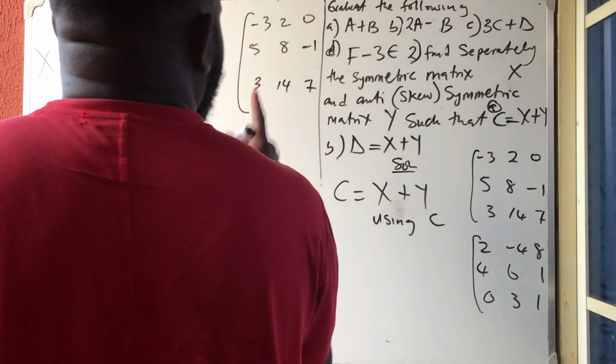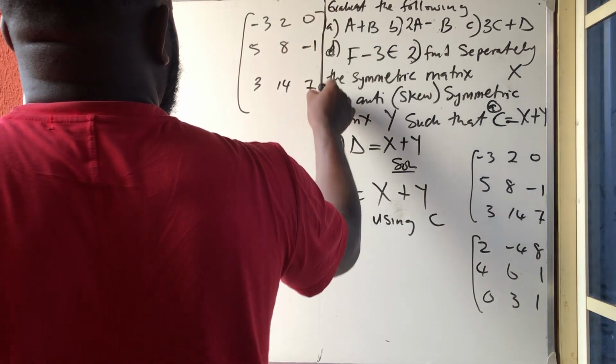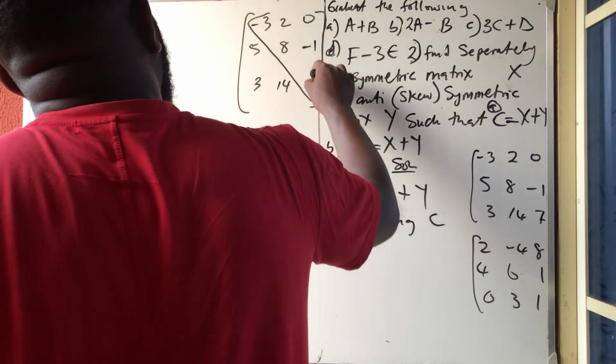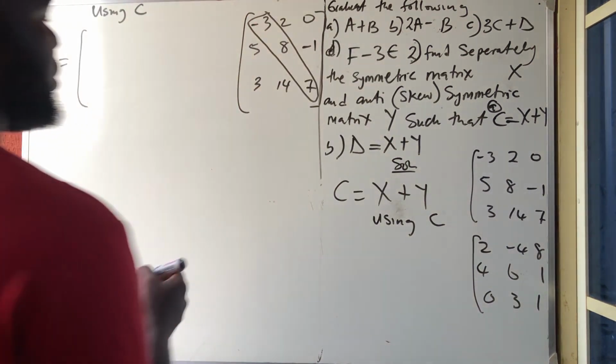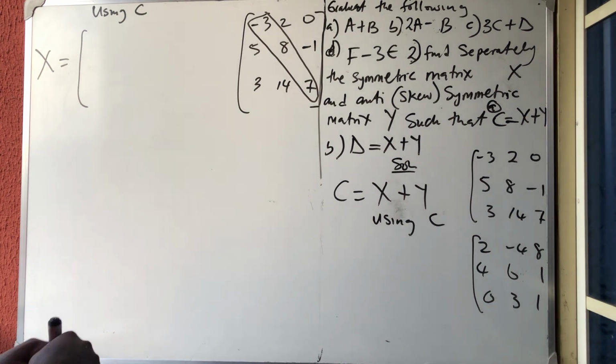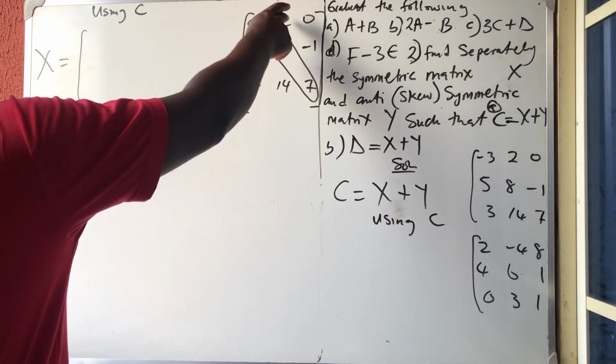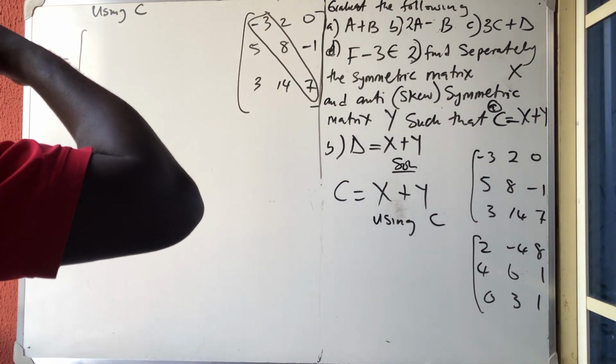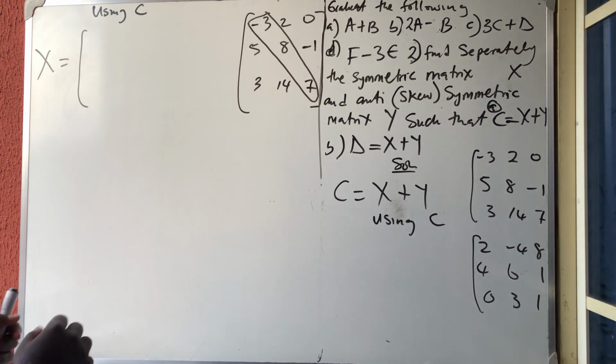Getting a symmetric matrix from this C is obtainable. Why? Because C is a square matrix, a 3 by 3 square matrix. And a symmetric matrix means that anything in the left hand side must be the same thing in the right hand side. So anything you do to the left hand side, do the same thing to the right hand side.